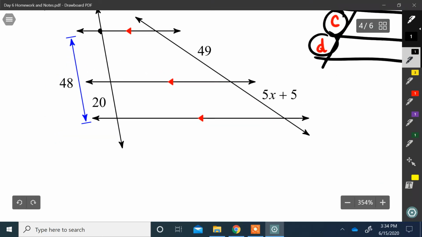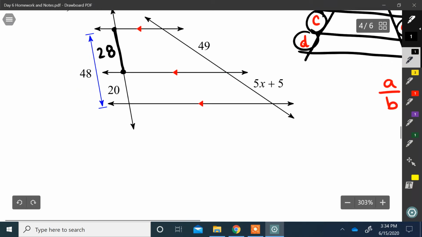So on this one here, we first have to figure out what this is from there to there. That's pretty easy, because if the whole thing is 48, then 48 minus 20 should be 28. Okay, so here's how we set it up.